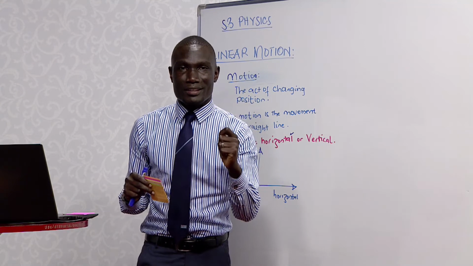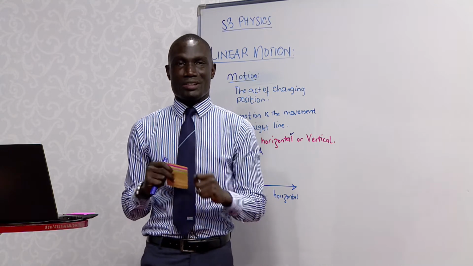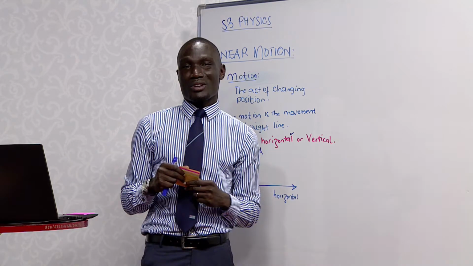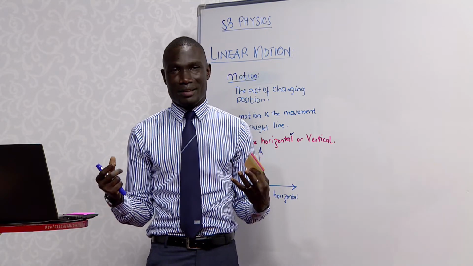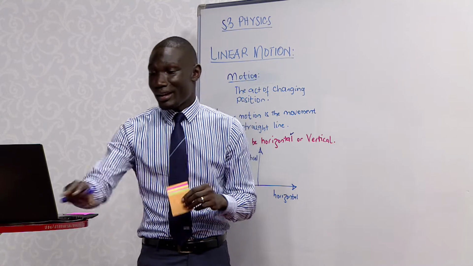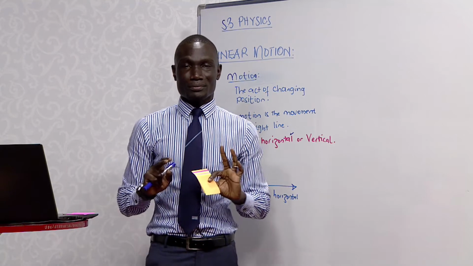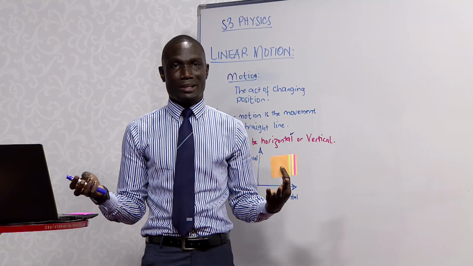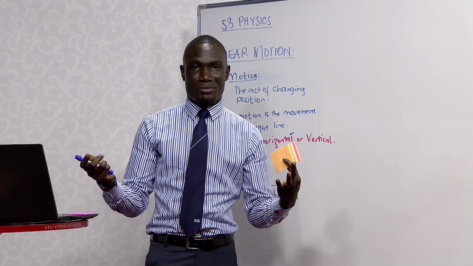There is a speed at which this body is moving. Those are some of the terms that we want to understand. I know some of you have met these terms. Actually, some of the terms, you have used them before. For example, distance, speed. These are not really new terms, right?